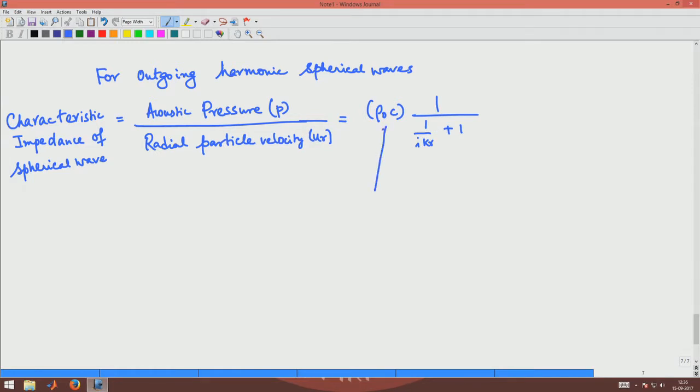Rho 0 c, you will remember, is the characteristic impedance of the plane wave. So, the characteristic impedance of the plane wave and that of the spherical wave are related.